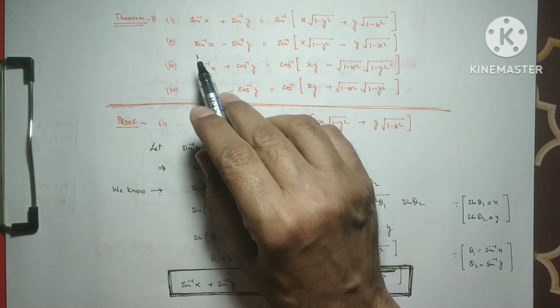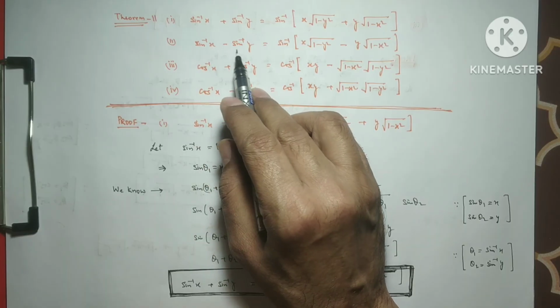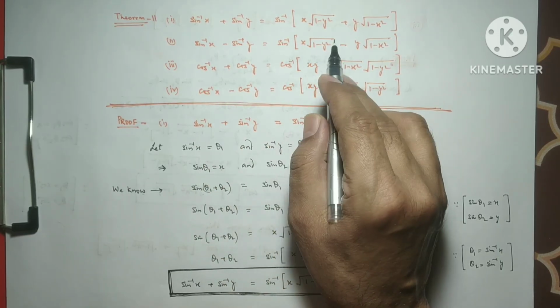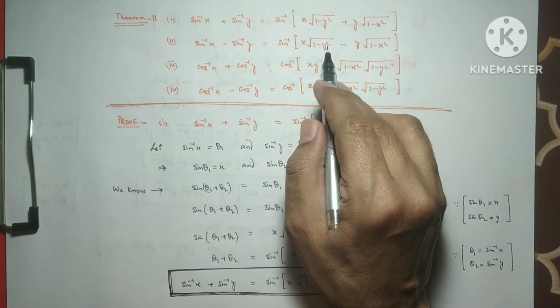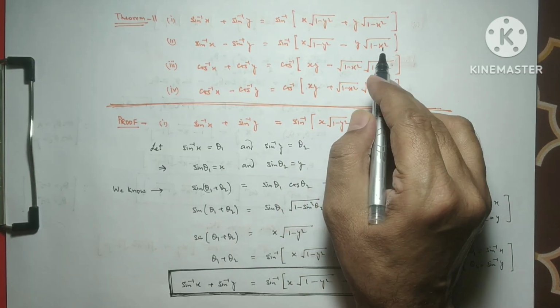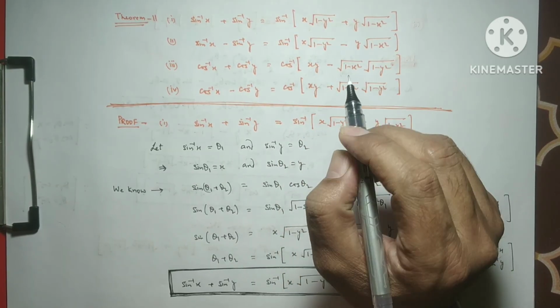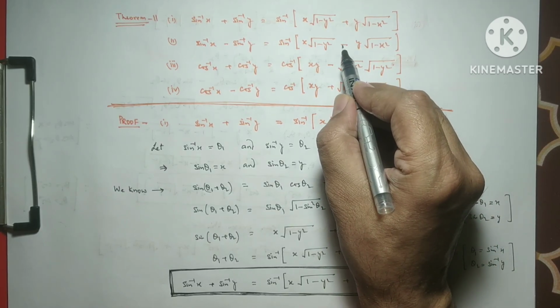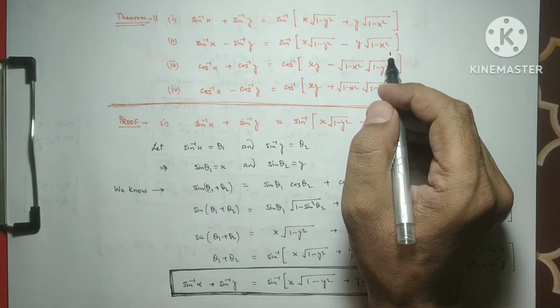In the same way, we have sine inverse x minus sine inverse y equals sine inverse of x under root 1 minus y square minus y under root 1 minus x square. There is a positive sign in the sum formula, and right now in this formula we have negative.